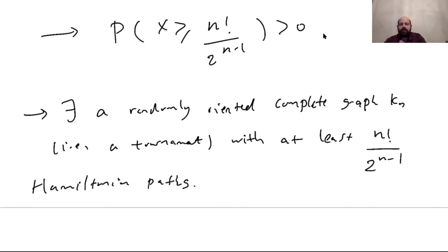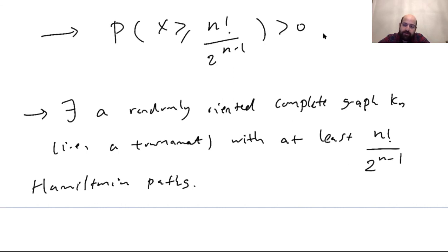Okay, so if I want to summarize how we proved this result, one key fact was that each Hamiltonian path corresponds to a permutation. And we know how many permutations we have of 1 to n, and that helped. Another important fact was that the expected value of an indicator random variable corresponding to an event A is the probability of that event.